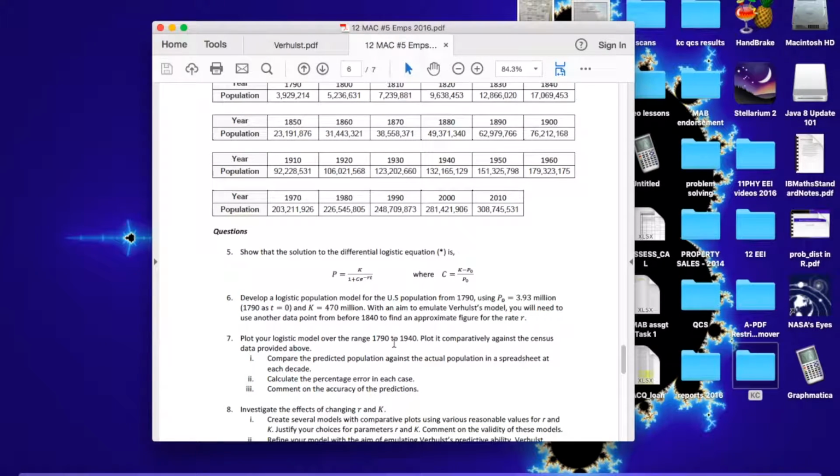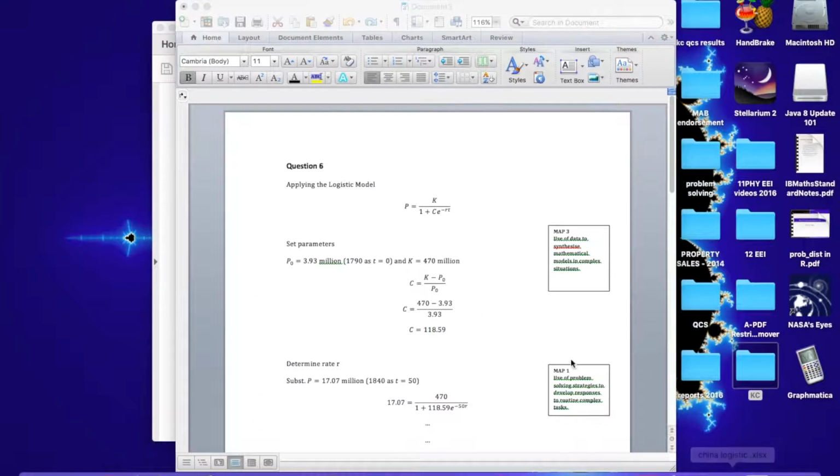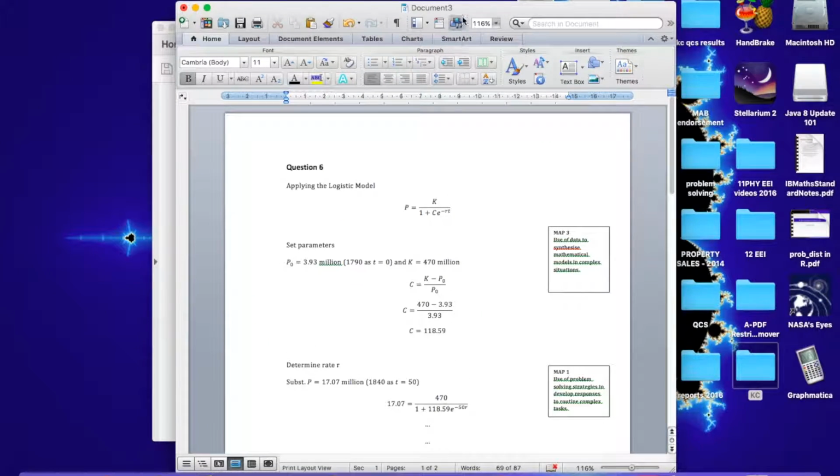Now we're looking to emulate Verhulst's model, so we need to use data that was available to him in his lifetime. So that means anywhere up to 1840. So I think for question 6, well, I've sort of done this already. I'm not going to go through the steps in great detail, but I will show you here what I've done.